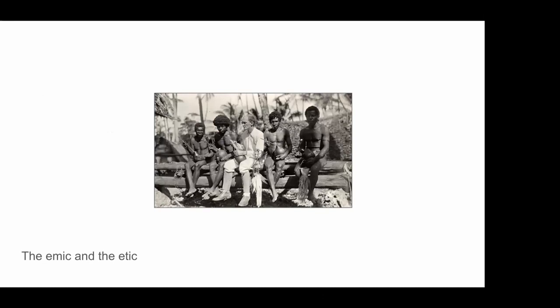Here I find it very useful to go to the anthropological dichotomy of the Emic and the Etic. These are terms that were introduced in the 50s in order to replace the dichotomy of the objective and subjective, as if, for example, in anthropology or language, there's the language of the subject, and then there's the objective language of analysis.